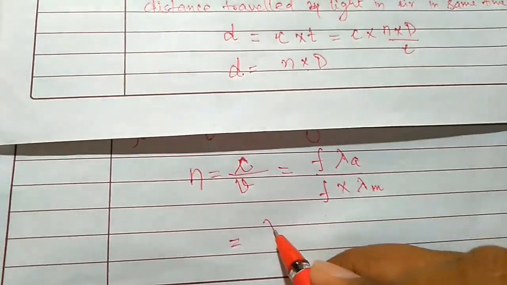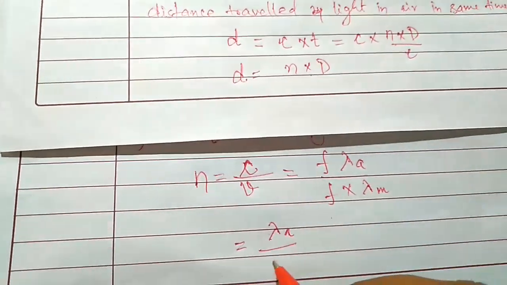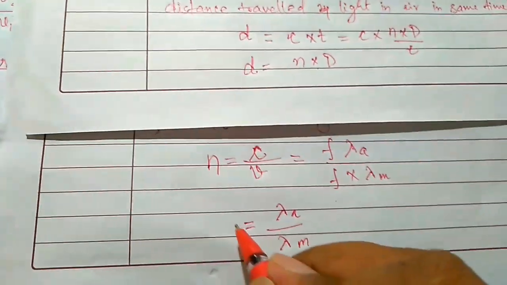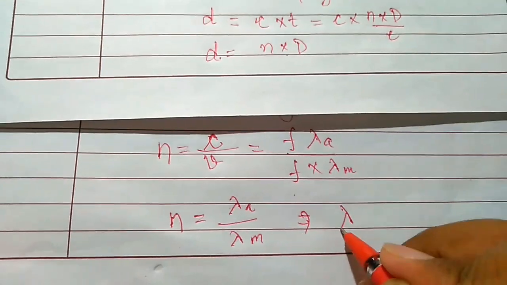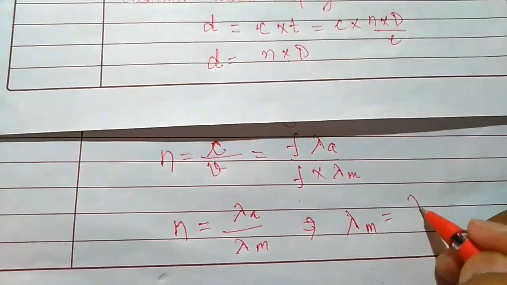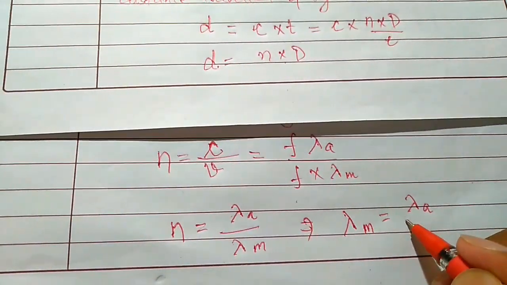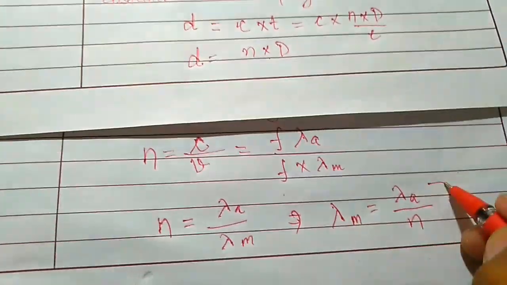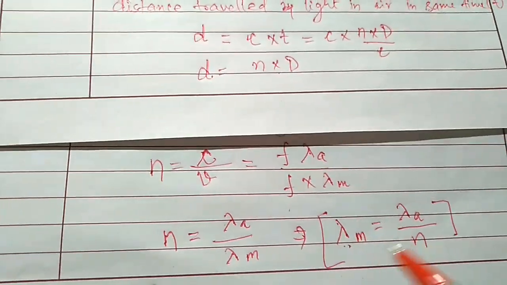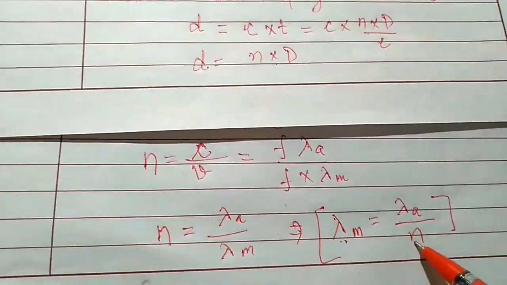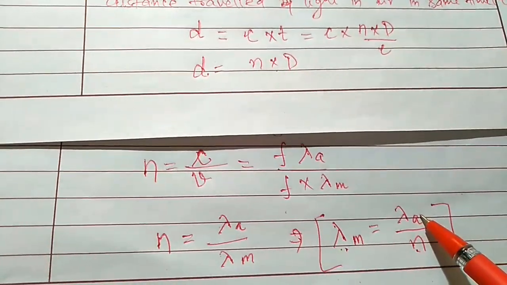What you will see here is wavelength in air upon wavelength in medium. So this is the refractive index. Or you can calculate the wavelength of light in any medium by knowing the wavelength of light in air and the refractive index of the medium.